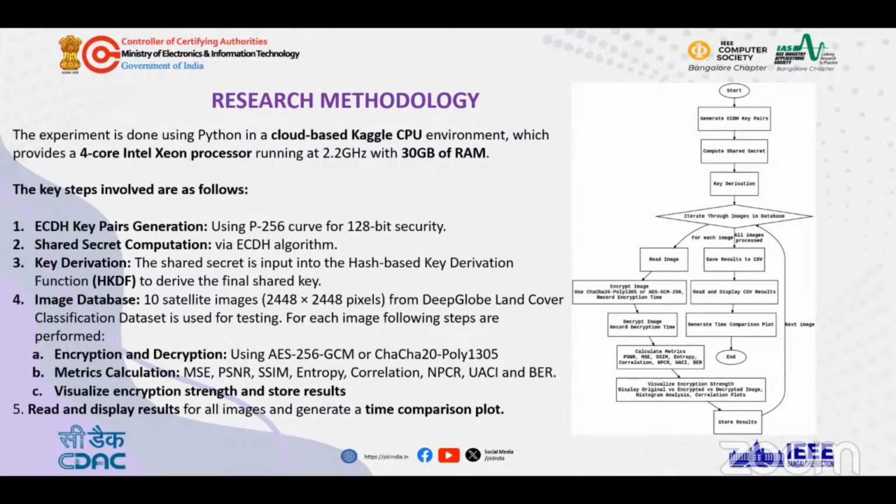For each image, the following steps are performed: encryption and decryption, metric calculation, visualizing encryption strength and storing results. And then finally, read and display results for all images and generate a time comparison plot as shown in the figure.